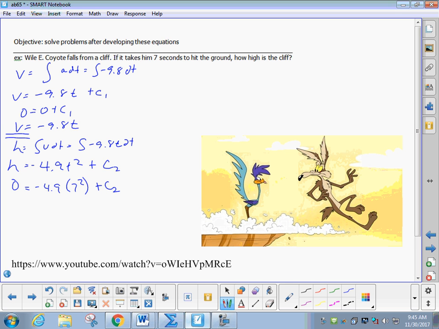Sure, 240.1, I think. What do you think? C2 is 240.1; somebody check me on that, please. Super. So the height equation is negative 4.9 t squared plus 240.1.